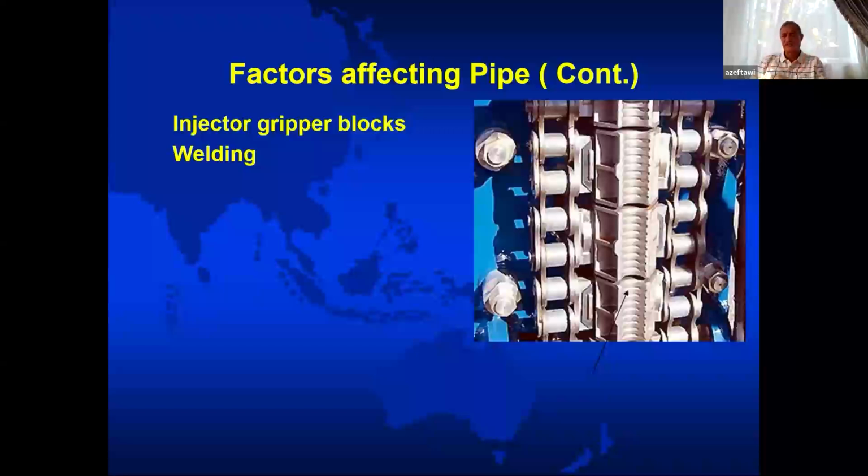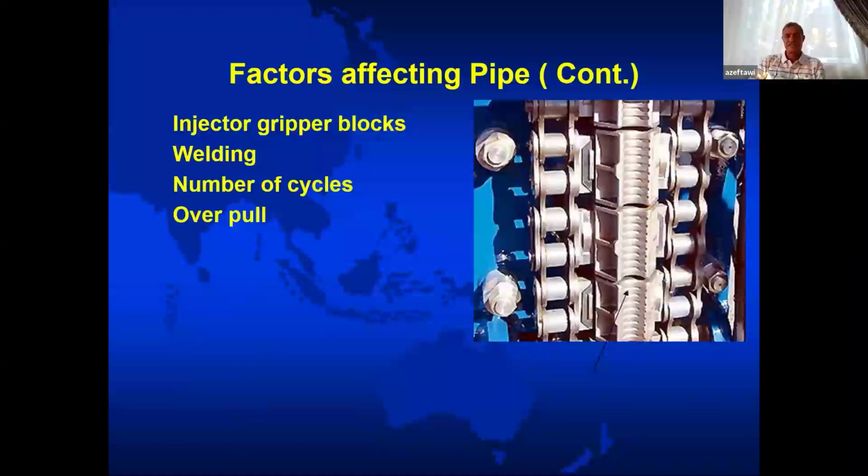So the manufacturer tells you, if you weld my pipe with a butt weld, you have to degrade the pipe classification. The number of cycles, because this is straight and bend, is bending stress.